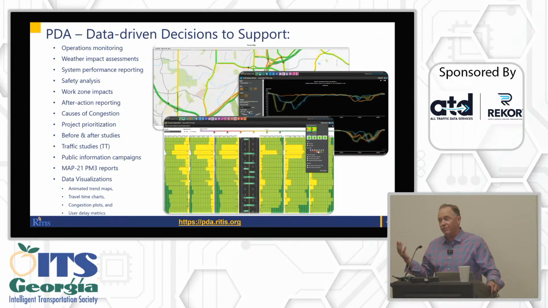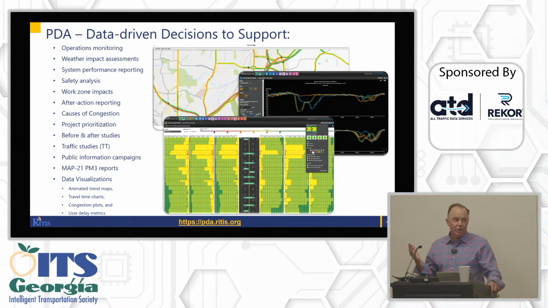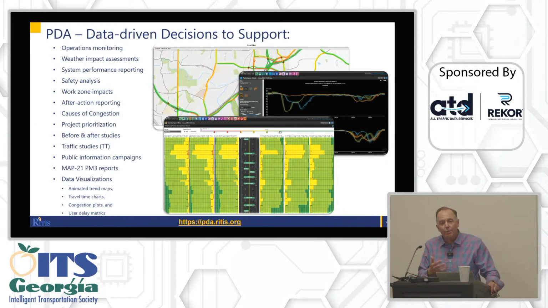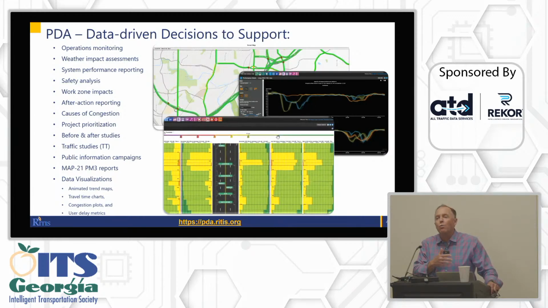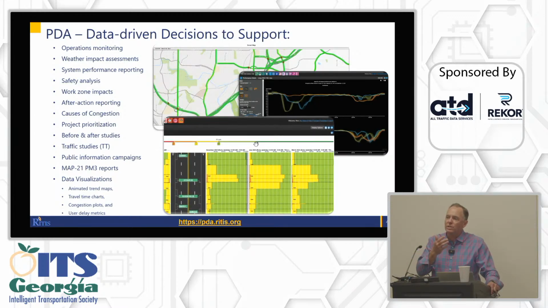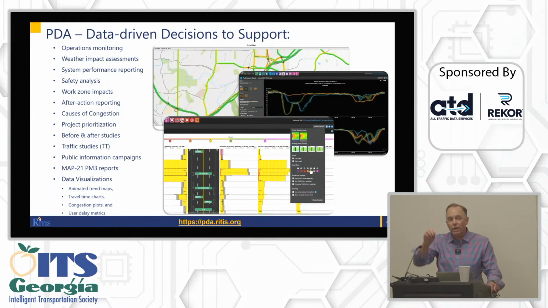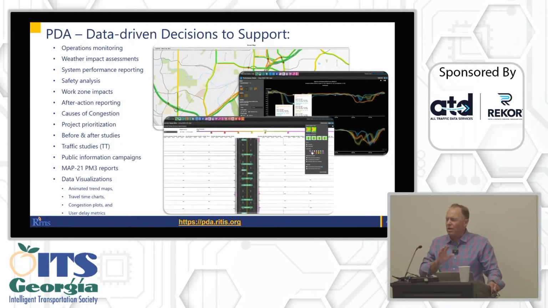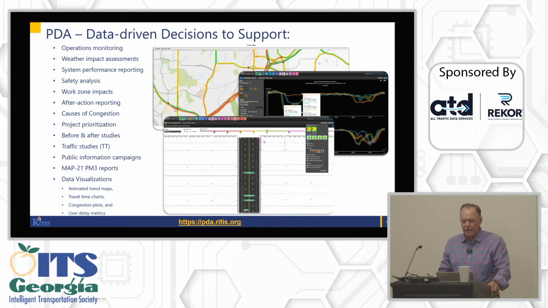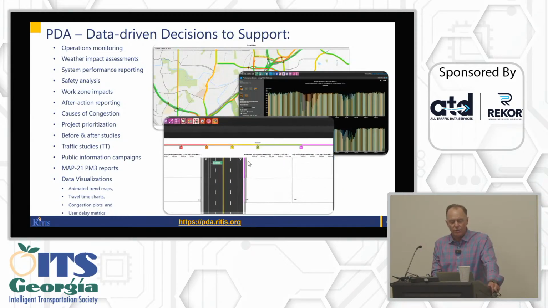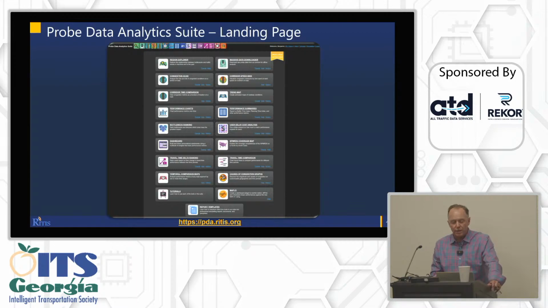You guys have plenty of crazy storms here in Georgia, right? What was the impact of that storm? What roads were most severely impacted and when? And at what location? You could do all sorts of really interesting detailed analysis with the various different tools that are available to you within Probe Data Analytics.